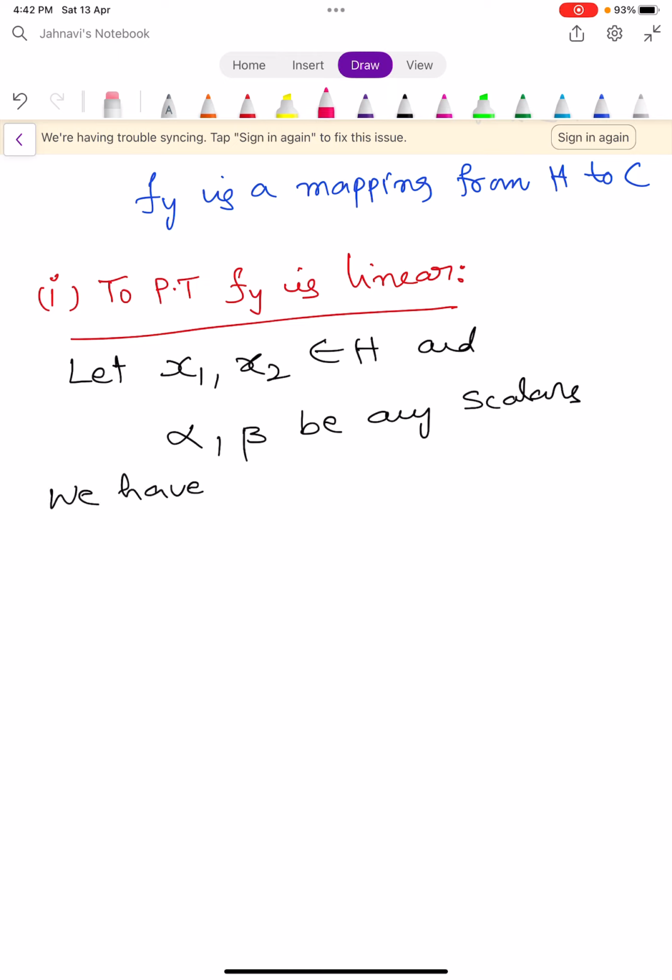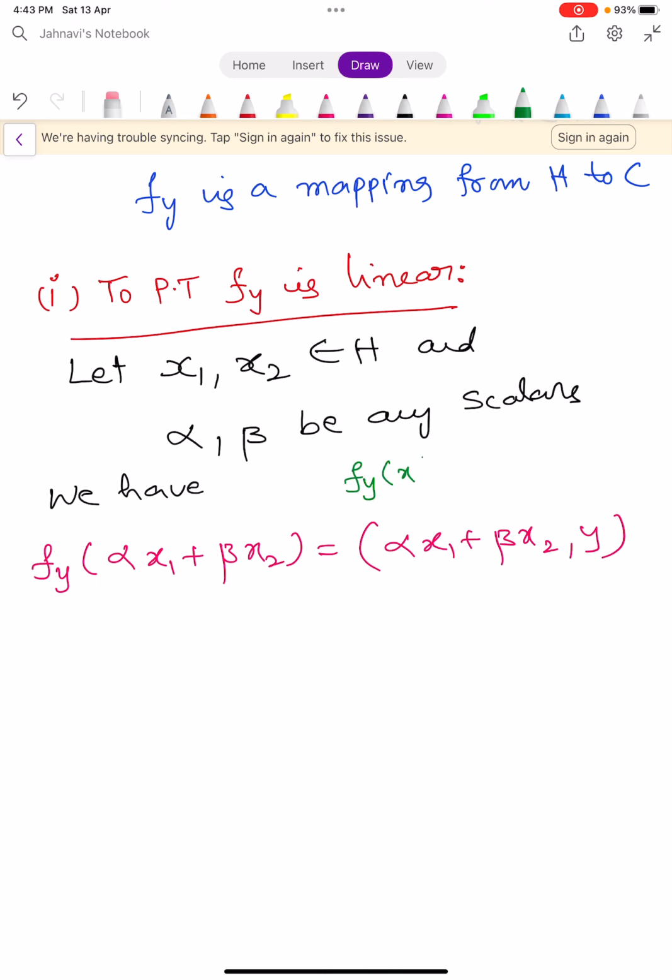Now we have fy of alpha x1 plus beta x2 is equal to, by definition, the inner product of alpha x1 plus beta x2 comma y, because already we said that fy of x is equal to the inner product of x comma y. This is the standard definition.